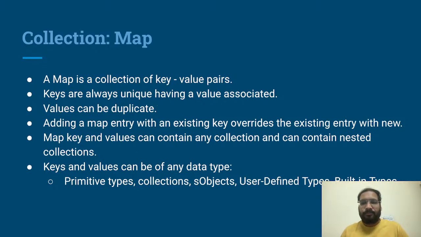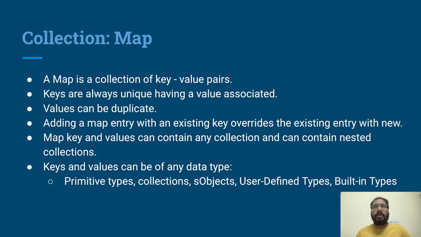Keys are always unique and have a value associated. So if you are creating a map, you won't be able to have duplicate keys, but values can be duplicate. Now there may be a question: what happens if I add a duplicate key? In the fourth point, you can see it says adding a map entry with an existing key overrides the existing entry with the new one.